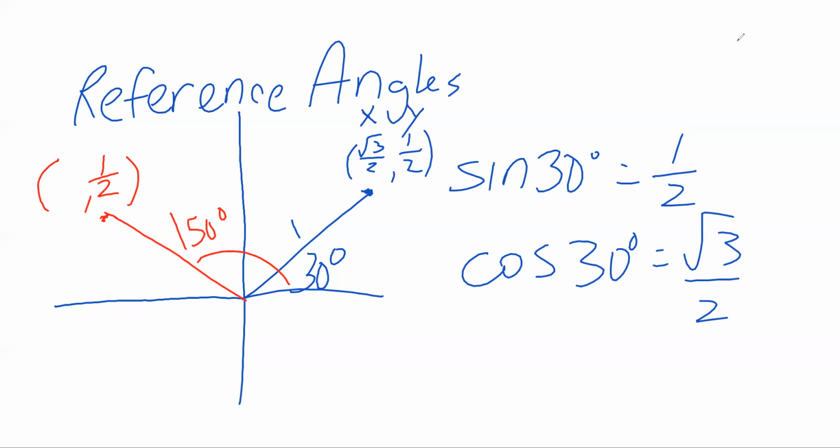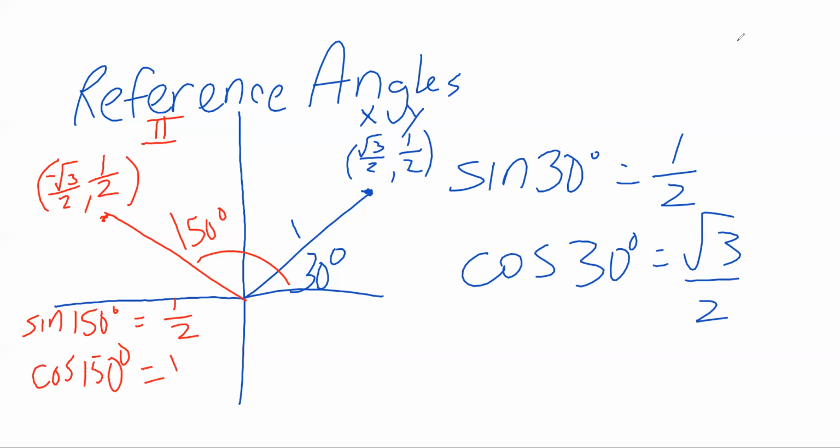But the cosine of this angle, because we're in quadrant 2, is negative. So the sine and cosine of 150 come down to having similar measures to sine of 30 and cosine of 30, but you have to take into account the part of the Cartesian plane that that angle is terminating in.